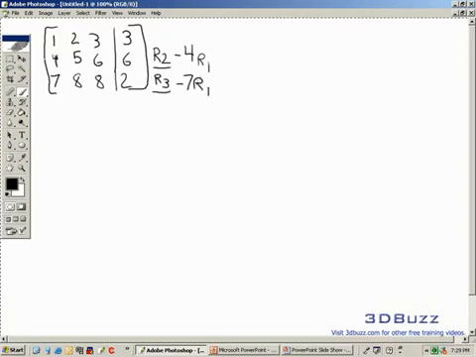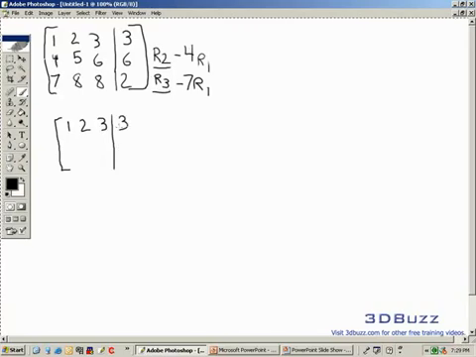The concept is that by doing these two steps, we'll get rid of the 4 and the 7, and we'll be left with X's and Y's for the second two rows. How does that first part work with R2 minus 4 row 1? First I'm just going to rewrite row 1 because that's not changing. The important thing is if you're doing two steps at once, since I'm using row 1 to apply the operation, it's fine because row 1 isn't changing.